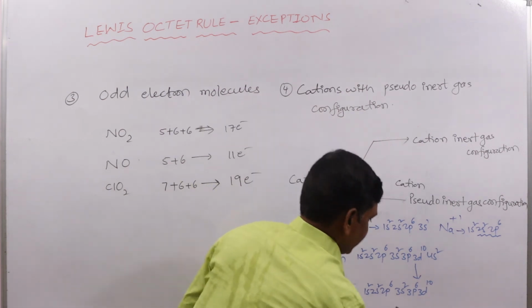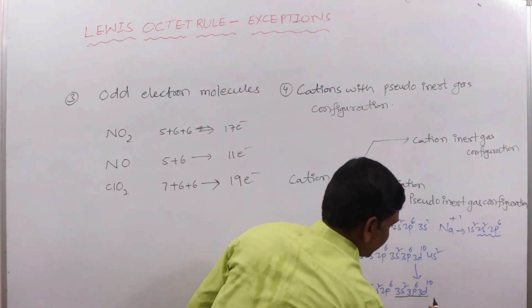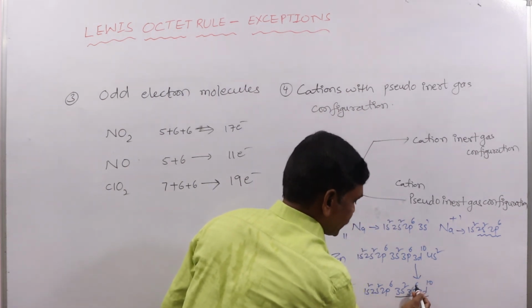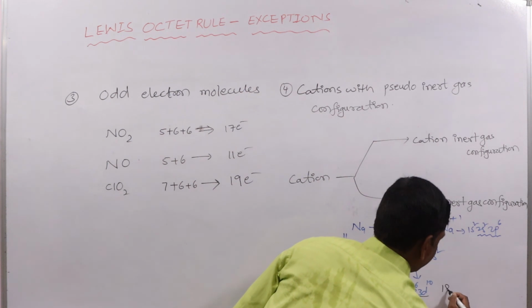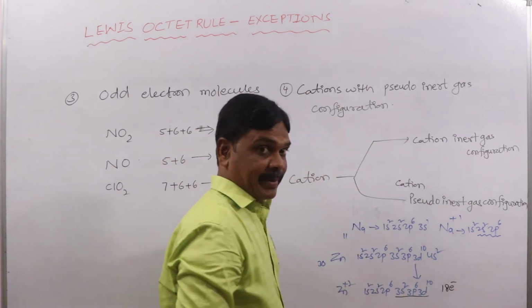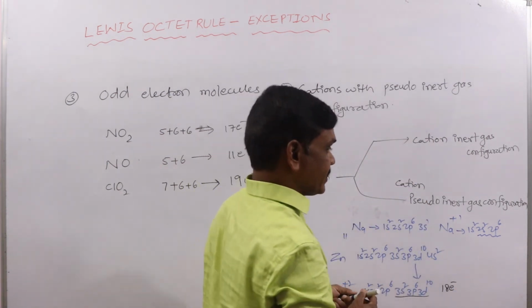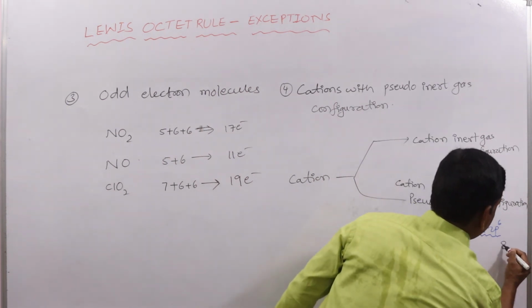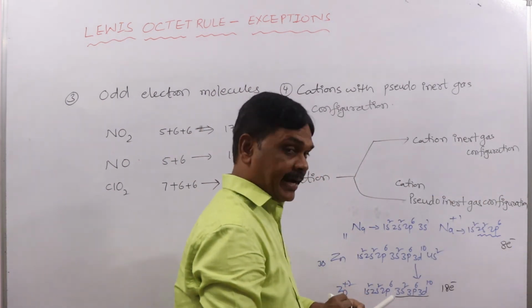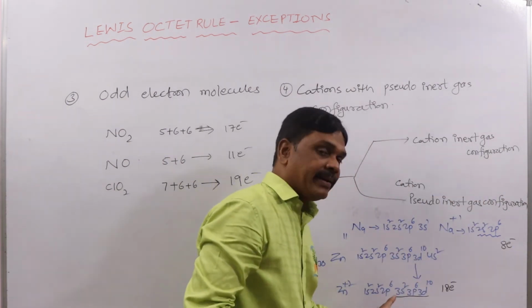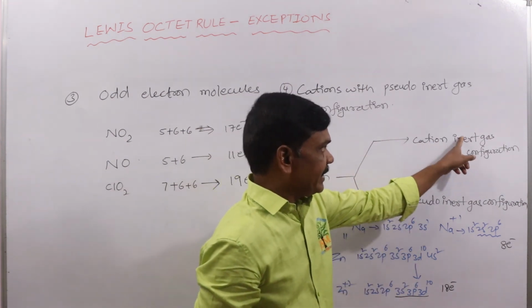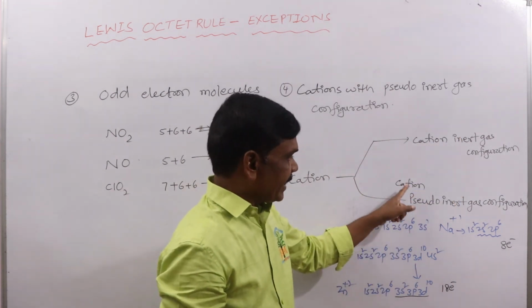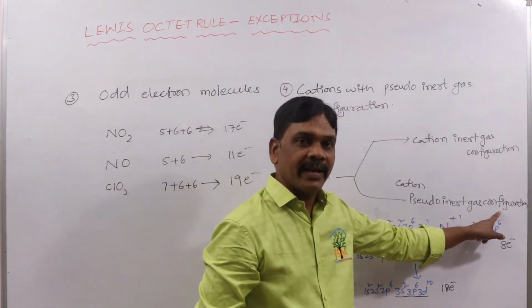Here the outer shell has 10 plus 6, 16 plus 2, 18 electrons. In sodium, it was only 8 electrons.